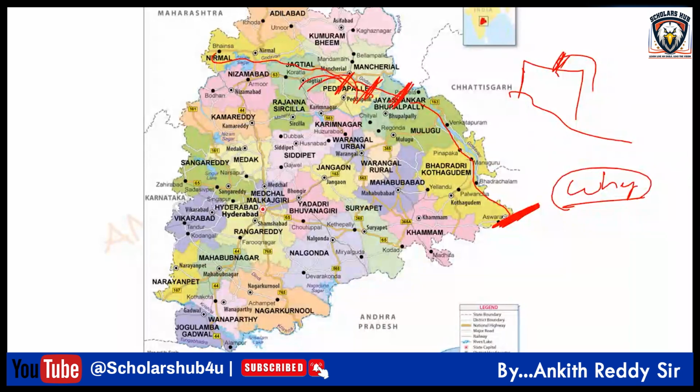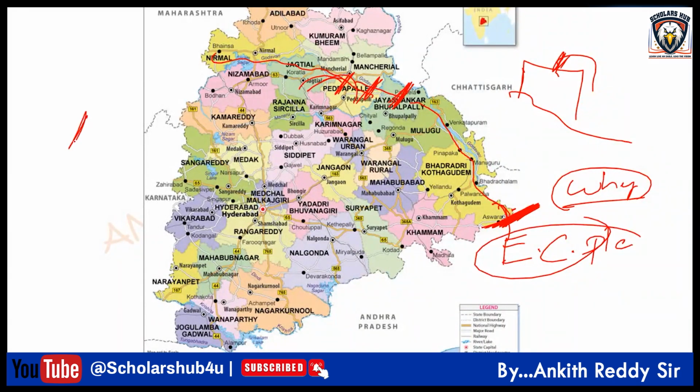The elevation is less. See, after cutting Papikondalu, the Eastern Ghats, what you get is the Eastern Coastal Plains. So if you just construct a dam across the river, that's enough. You can easily irrigate through canals. You don't require any lift irrigation in this region.